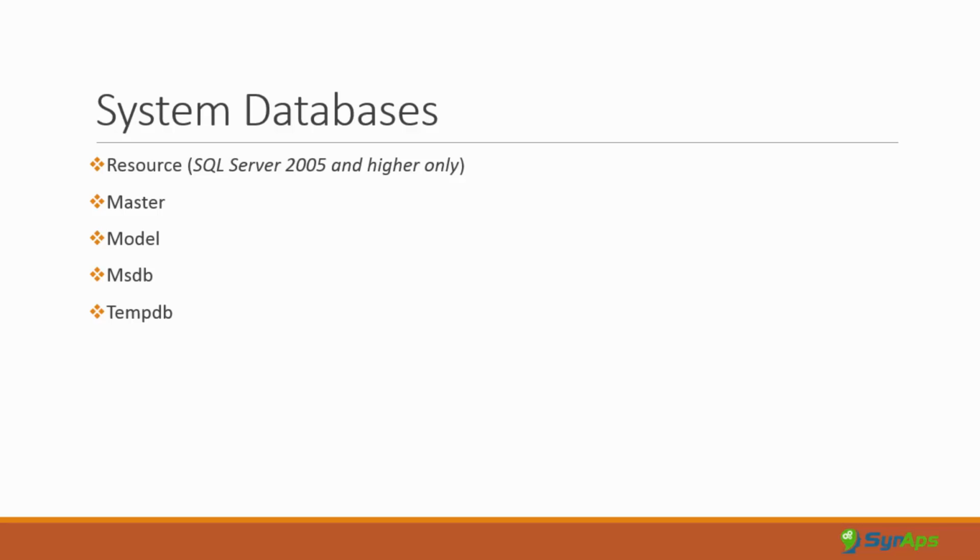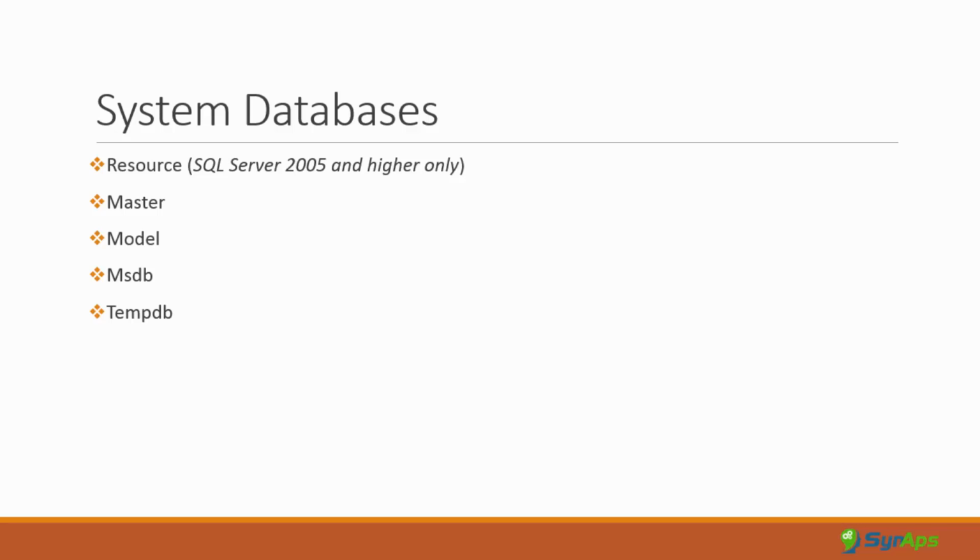Row versions that are generated by data modification transactions for features, such as online index operations, multiple active result sets, MARs, and after triggers. Operations within TEMPDB are minimally logged. This enables transactions to be rolled back.